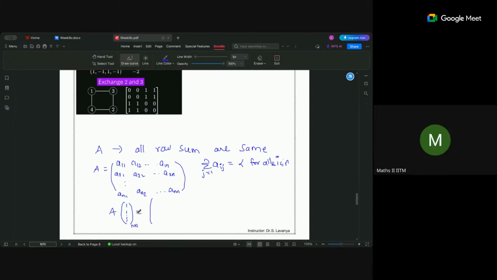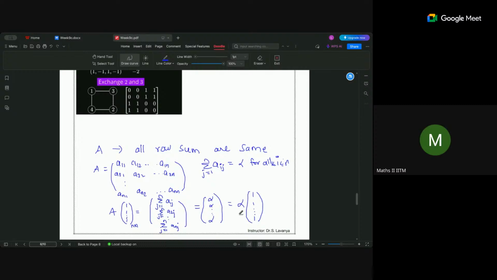You have the summation over j from 1 to n of a1j, the summation over j from 1 to n of a2j, and so on. Is that correct? When you multiply, this is what you get. It means you are getting alpha, alpha, alpha. So you are getting alpha times the vector 1 1 1.